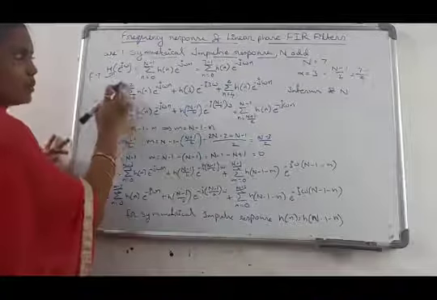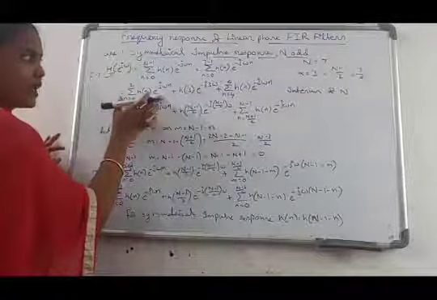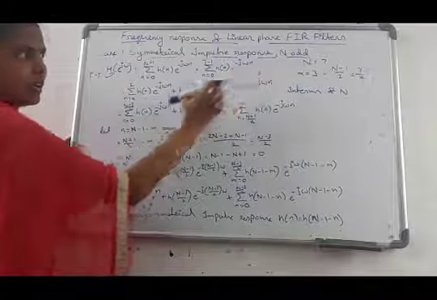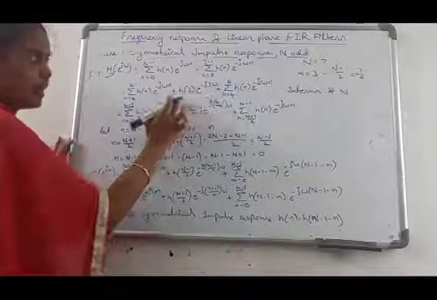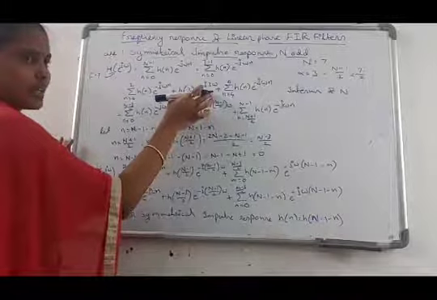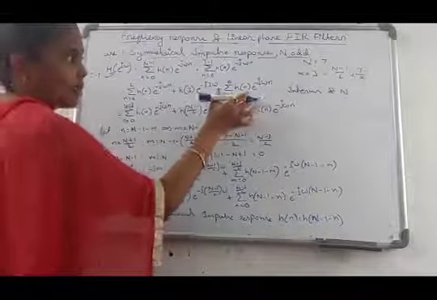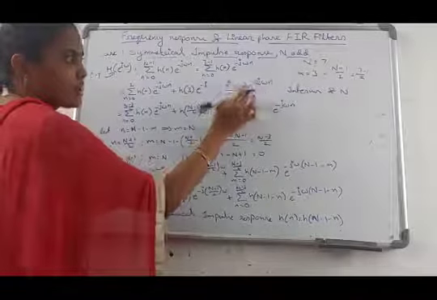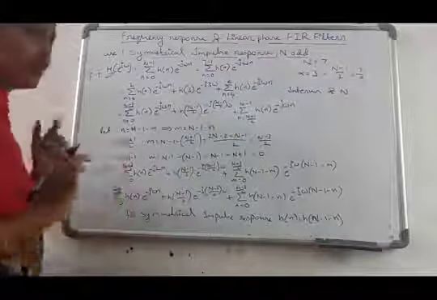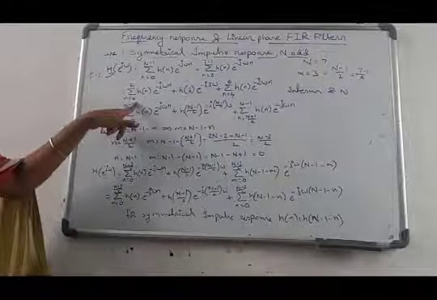The first term is the summation n equals 0 to 2 of h of n e power minus j omega n. The center of symmetry is at 3: h of 3 e power minus j3 omega. I am writing this separately, plus the summation n equals 4 to 6 of h of n e power minus j omega n.